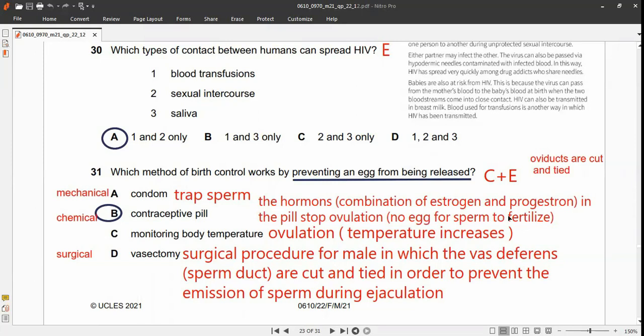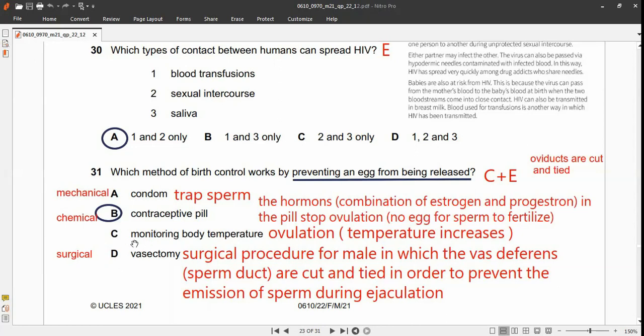Or you can prevent an egg from being released if the oviducts are cut and tied. So the correct answer here is B, contraceptive pill, because it contains a mixture of estrogen and progesterone. It stops ovulation, so there is no egg for sperm to fertilize.